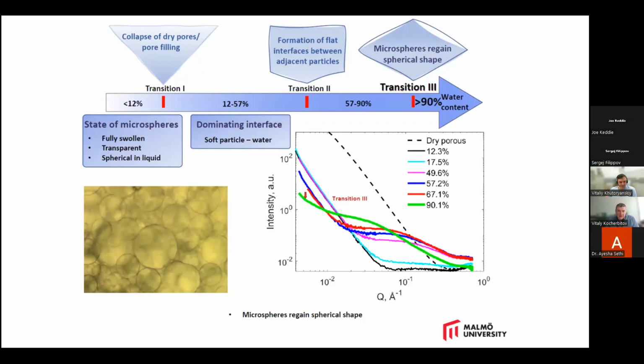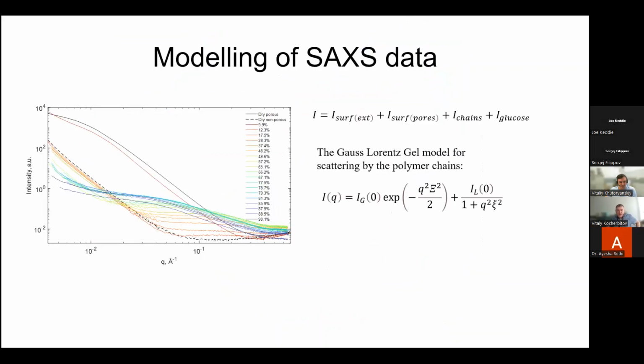But the large scattering happens in the middle Q range, where we believe it comes from the internal interactions between the polymer chains.